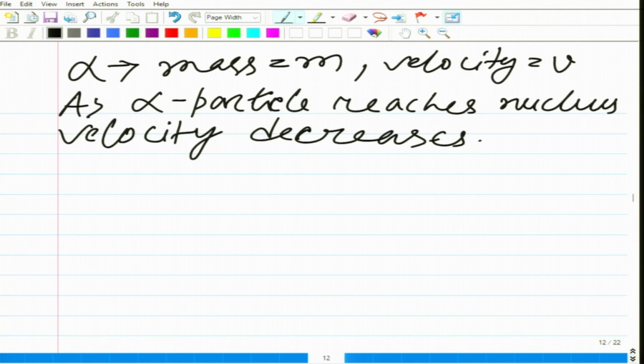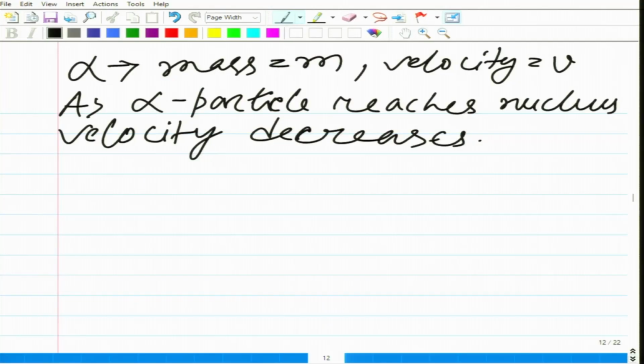The alpha particles have a certain mass and a certain velocity. When they approach the nucleus, at first there is no force acting on them, so they approach with a steady velocity. But the nucleus is positively charged and alpha particles are also positively charged, so there will be a repulsive force. The nucleus will try to keep the alpha particles away.